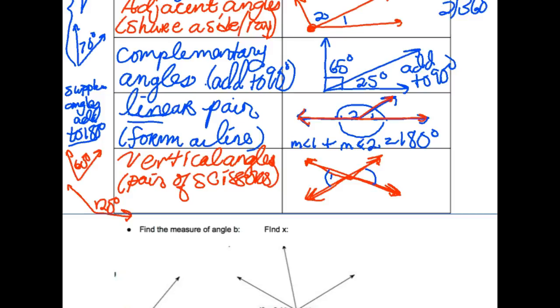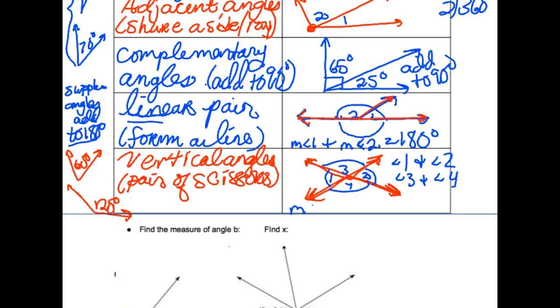So angle 1 and angle 2 are a vertical pair. Angle 3 and angle 4 are also a vertical pair. And you'll notice that when they're across from each other like that, they are congruent, or their measures are equal.